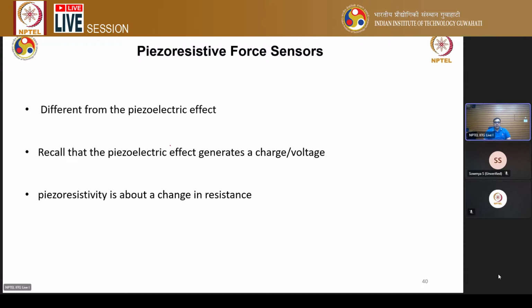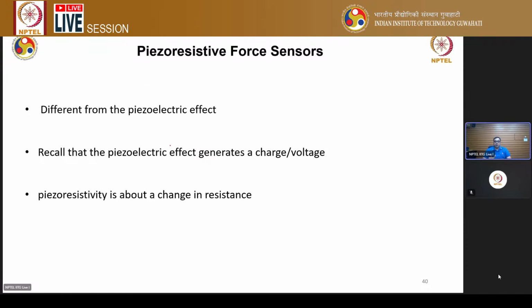Recall that the piezoelectric effect generates a charge or voltage when you squeeze it: there was polarization, charge separation and voltage generation. But piezoresistivity is about a change in the resistance, as the name also suggests.